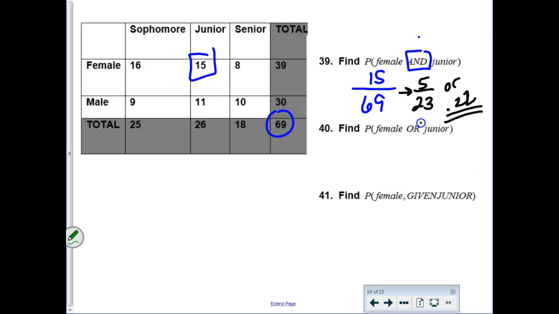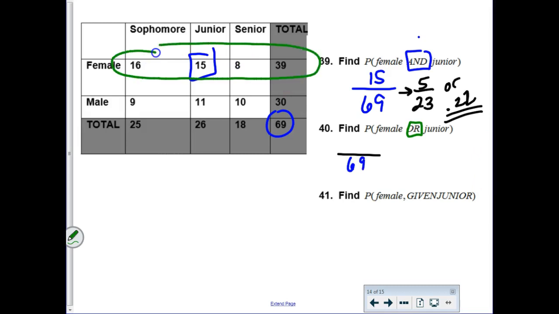Okay, careful here, guys. This is an OR one. So first of all, let's get the denominator out of the way. What denominator are we working out of on an OR? The total, 69. The numerator is where the problem comes in. So what I would like you to do is say, okay, it's either a female or a junior. So total females, total juniors, but I have to subtract some ladies.